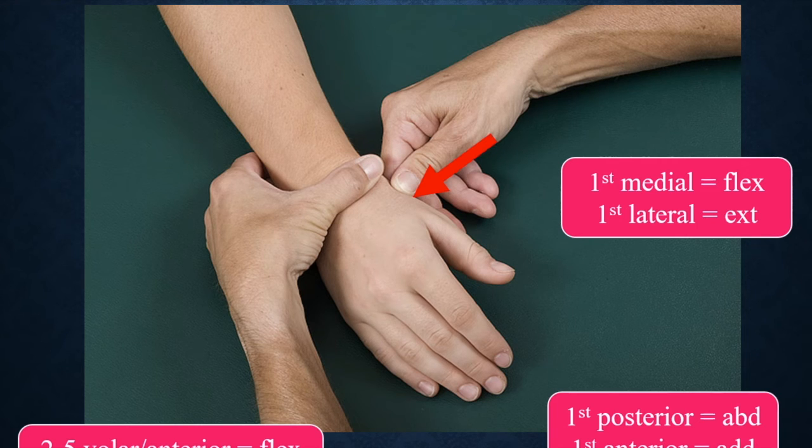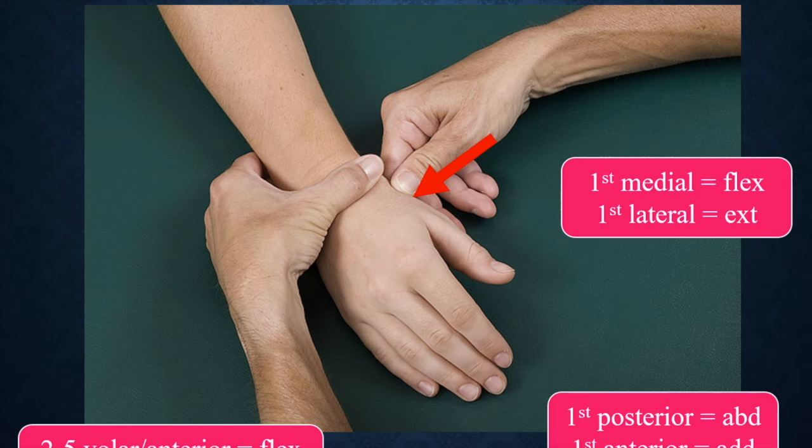When we look at the CMC joint, the carpometacarpal joint, the glides there for the first ray, i.e. the thumb, are different than those of rays 2 through 5. So the thumb, the first ray, a medial glide will facilitate flexion. A lateral glide will facilitate extension.